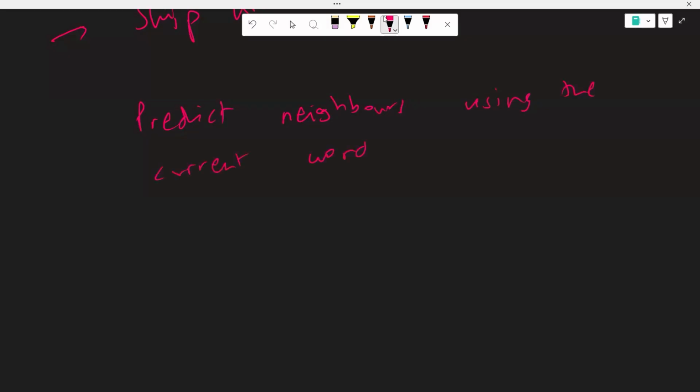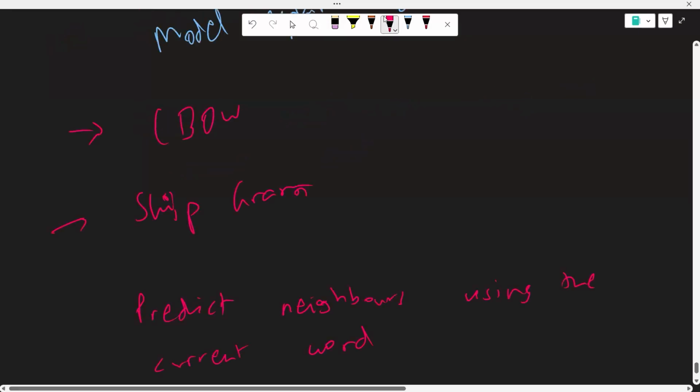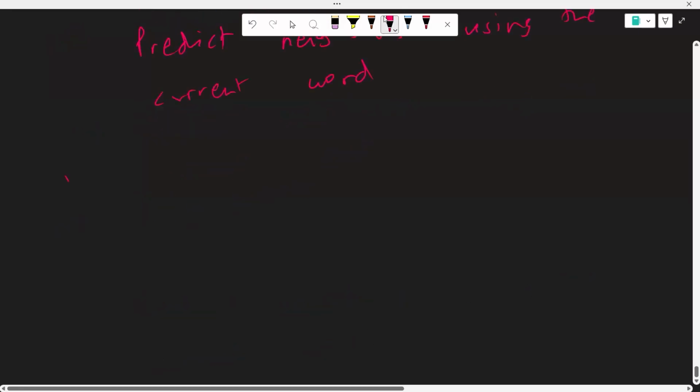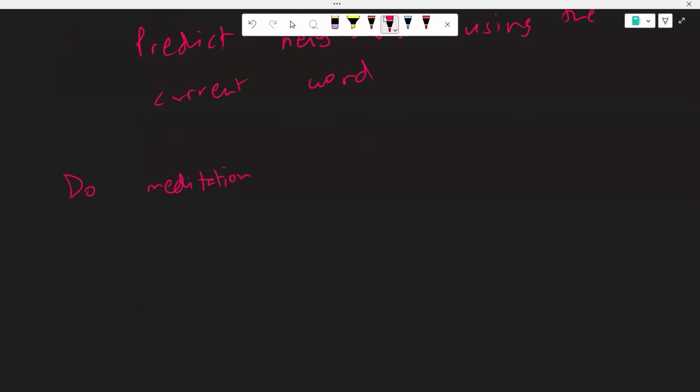So which means, the sentence you had was: do meditation every day for a week. These were the words that we have. Now using skipgram, you will do the reverse thing. You'll again have the window size and everything else will remain the same, but your target and your X variable will change.